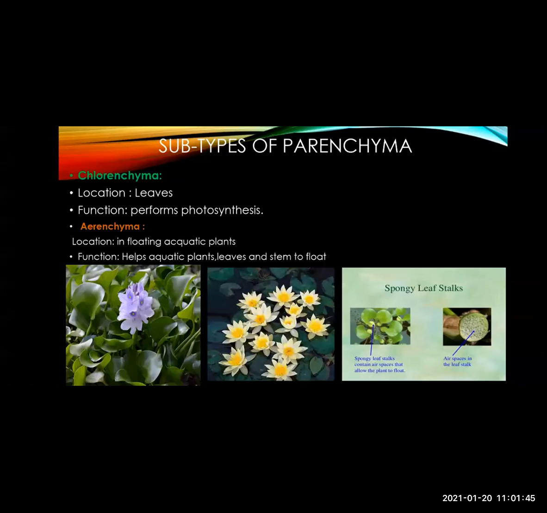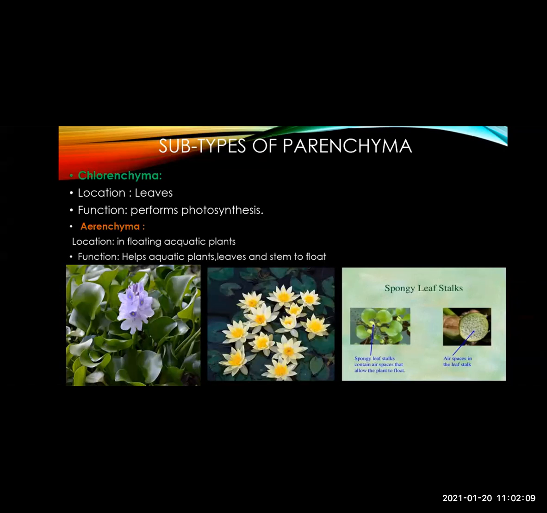Chlorophyll is the main component for photosynthesis. Hence, the major function of chlorenchyma cells is to perform photosynthesis. Next is aerenchyma. These are the modified parenchyma cells which store air. They are modified to store air.